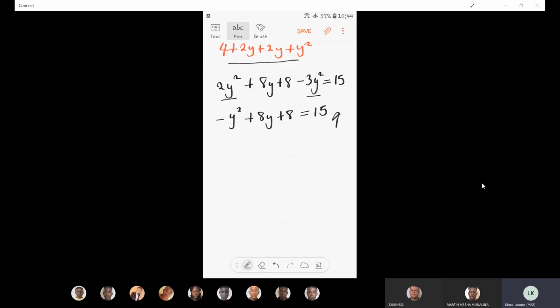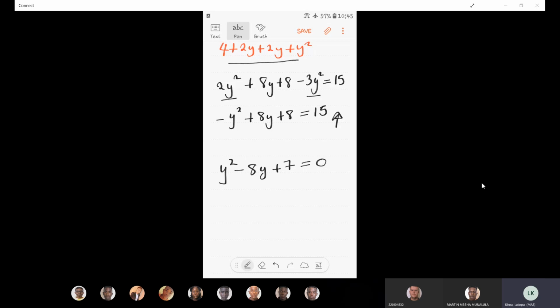So I'll bring everything to this side. When I do that, I have y squared minus 8y, and then when I subtract 8 on both sides, I will end up with positive 7. This is equal to 0 because 15 minus 8 is equal to 7.